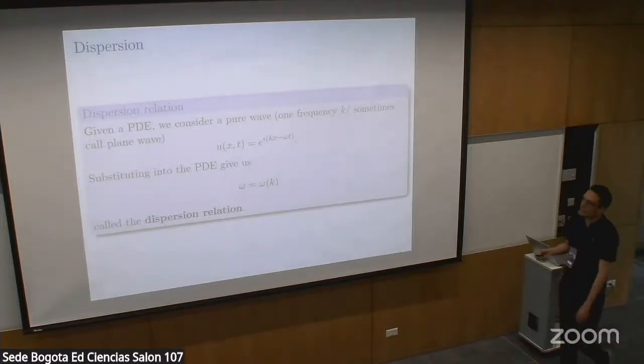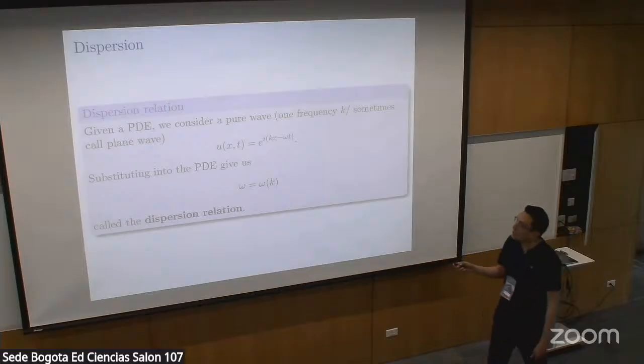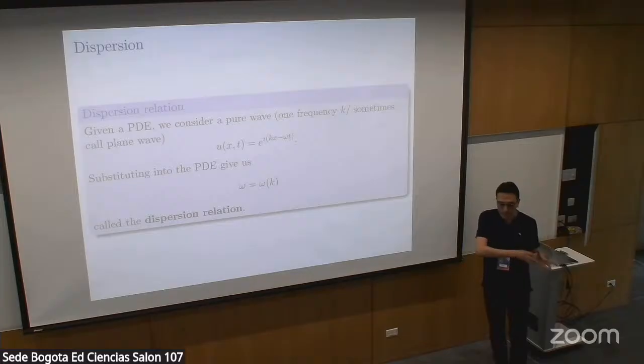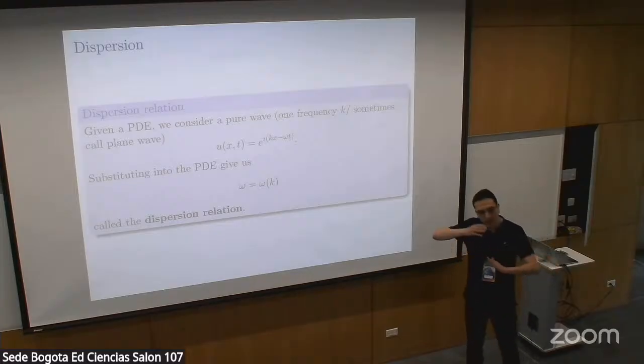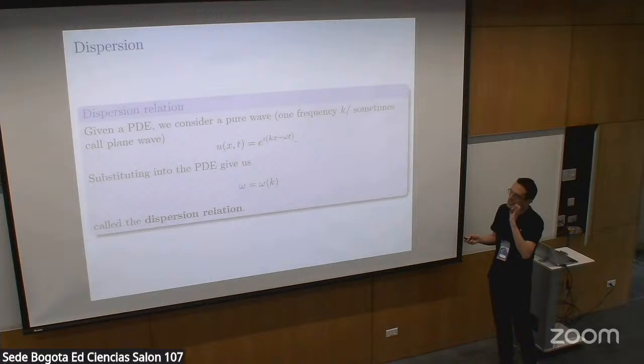So now we want to find something interesting to understand what dispersion is. To understand it, we're going to look for very particular solutions, those exponential solutions. They are sometimes called plane waves. Connecting to what I said before, we want to understand the frequencies, or the Fourier composition, of a wave. So how do we display the solution? One way is to study just one particular frequency, and that is the one given by this exponential, right?